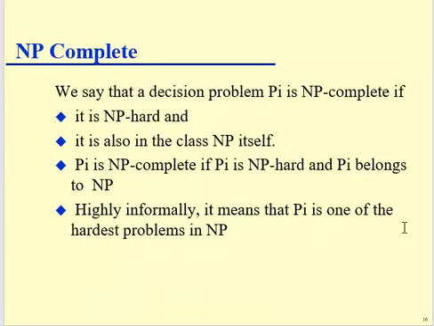But in NP complete, that problem should be in NP. So these two conditions we need to prove for a problem to be NP complete. So PI is NP complete if PI is NP hard and PI belongs to NP. So we can say that PI is one of the hardest problems in NP.